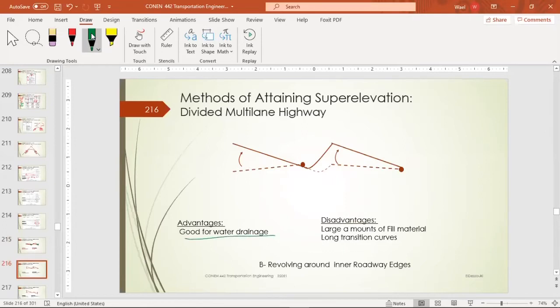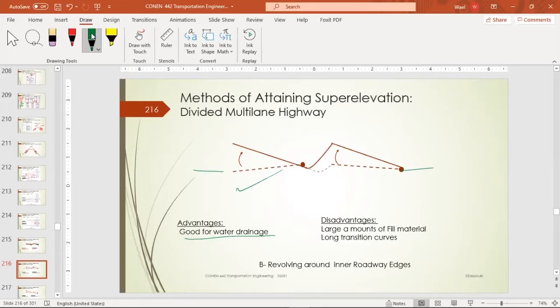So if we are in a location that experiences heavy rain and more frequent rains, and the type of soil here cannot absorb water easily and there is poor drainage, then we go with this choice.